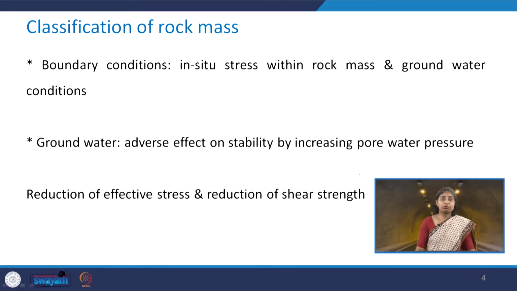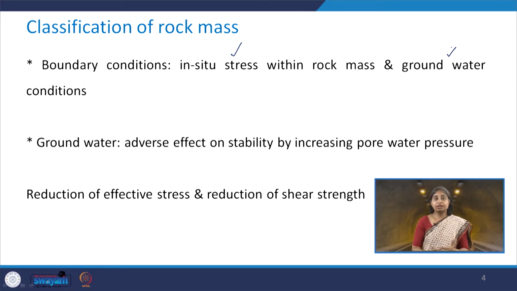Coming to the boundary conditions, these include in situ stresses within the rock mass and also the groundwater conditions. Now, groundwater has an adverse effect on the stability of the rock mass. Why?